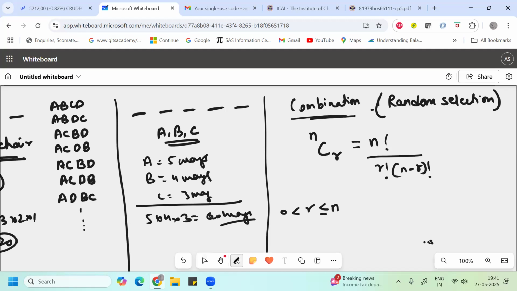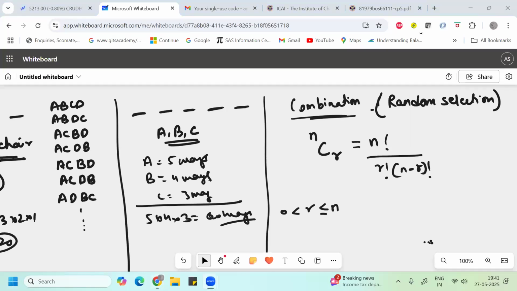Combination means random selection. Here the order does not matter. This we call combination. Whenever we talk about combination, it is important to understand that the order does not matter, and from n objects we are trying to select r objects.